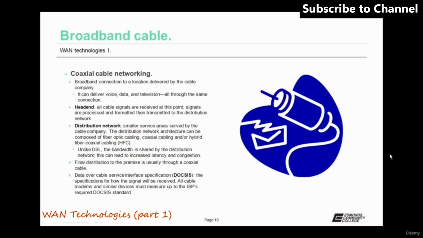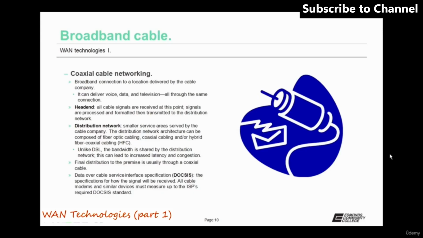This is where all the cable signals are received. The signal is then processed and formatted and then transmitted to the distribution network. The distribution network is a smaller service area served by the cable company. The distribution network architecture can be composed of fiber optic cabling or coaxial cabling and or a hybrid fiber coaxial cabling, or HFC.